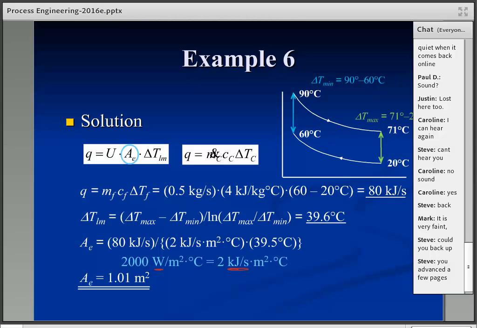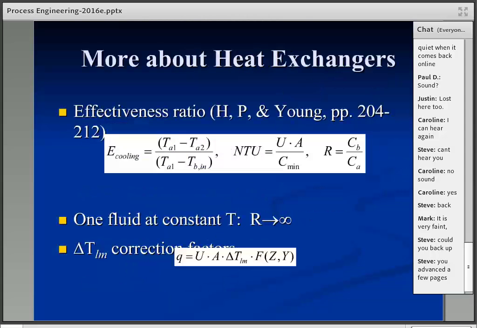Okay, so now we've used all three of those basic equations in a couple common ways for heat exchanger problems. There are a little more advanced steps in heat exchangers. The slide got converted a little funny, but the next level of complexity is to use the effectiveness ratio.